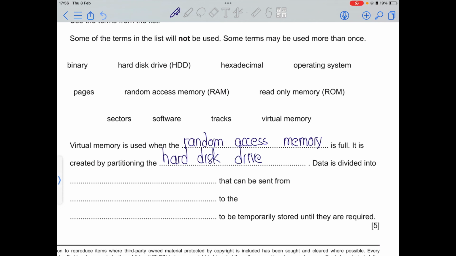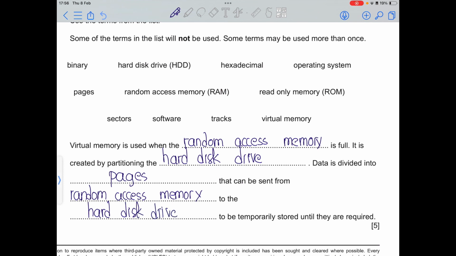The data is divided into pages that can be sent from the RAM, which is again the random access memory, to the hard disk drive to be temporarily stored.